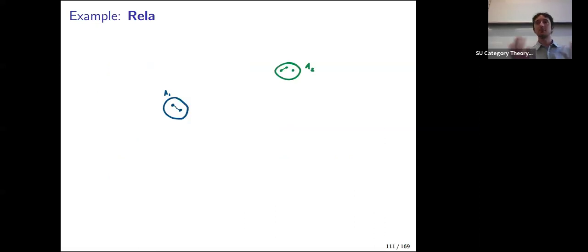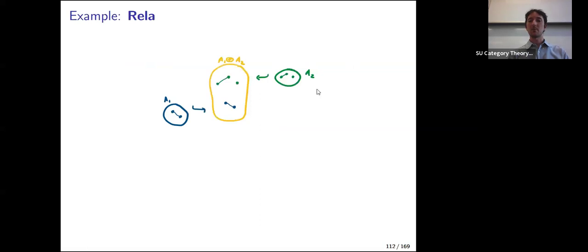Okay, so what's the picture that's happening here? Say I have two sets with relations on them. Then I take the disjoint union of those two to make the sum, and then I keep the relational structure for the top one and the bottom one, and then I require that everything in the bottom is related to everything in the top.